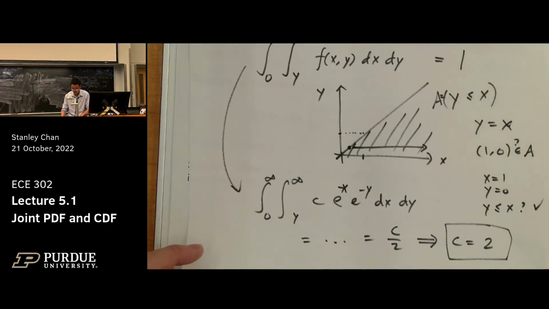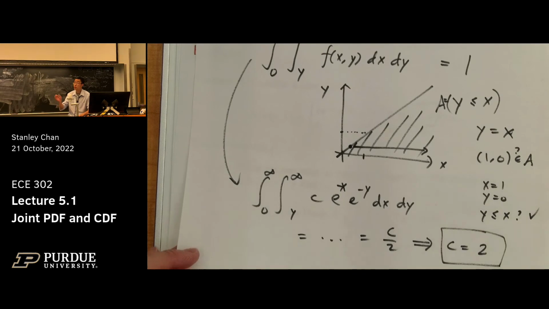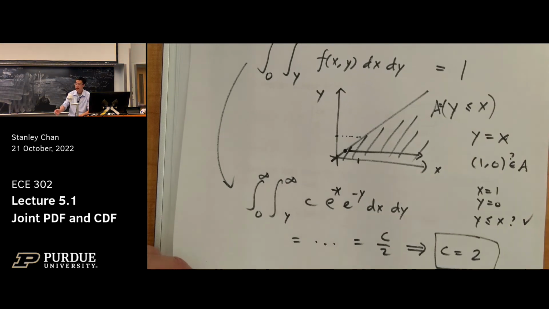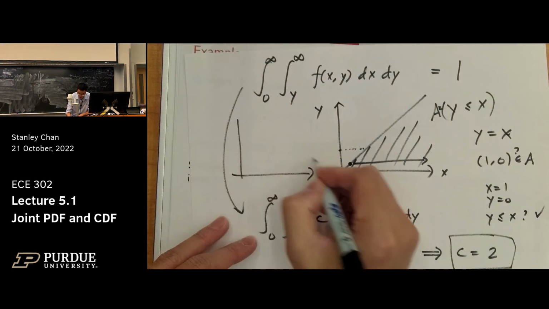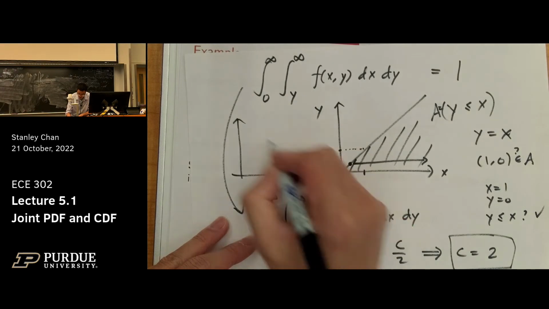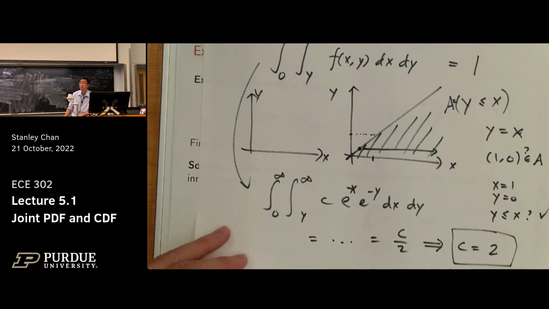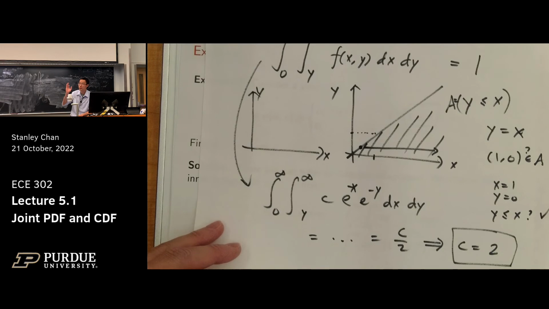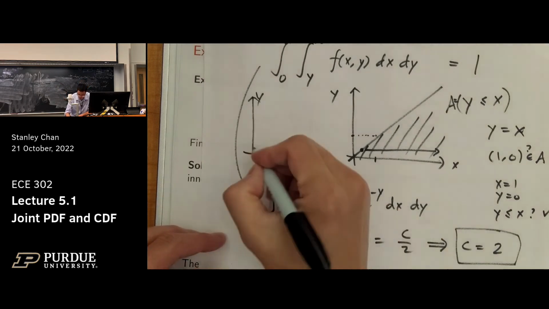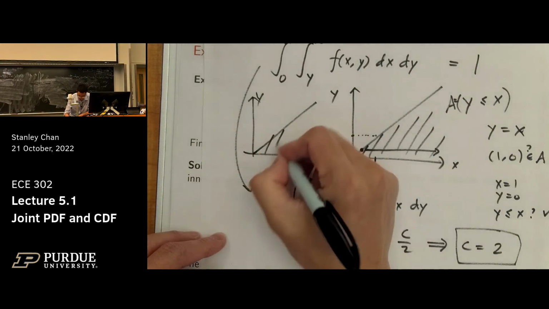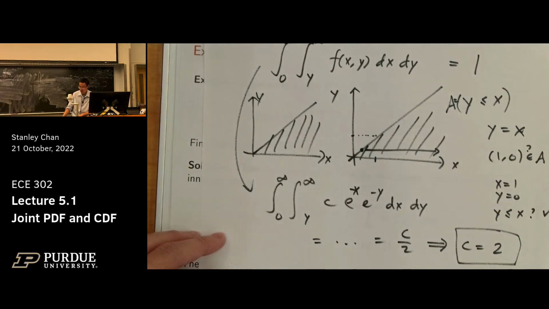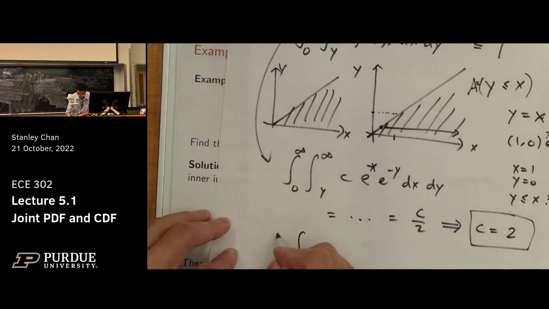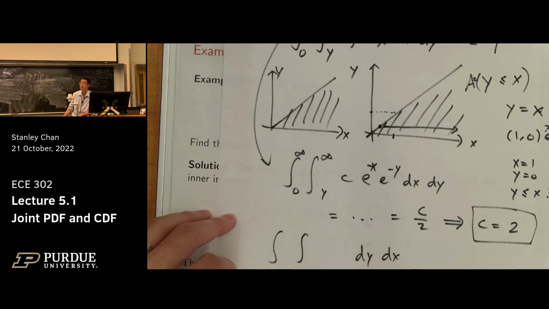Just as an example, we can also think about what it would be if you want to do integration dy first. I just want to make sure that you know how to do it. So this is the line, this is the area. If you want to go dy first, integration dy and dx, what should be the lower limit?